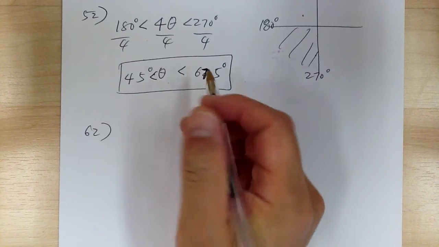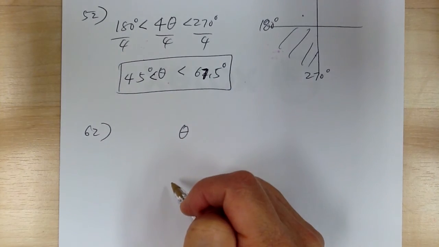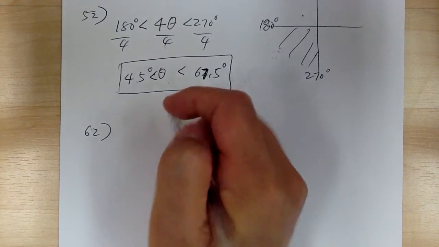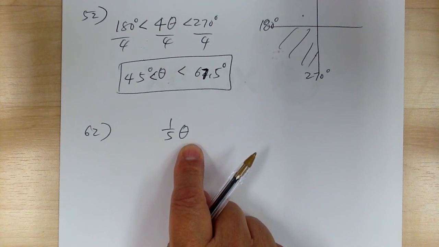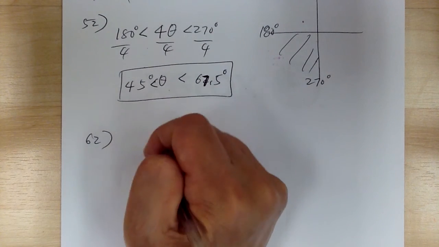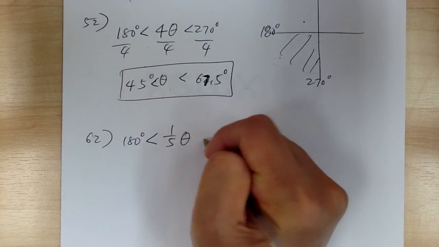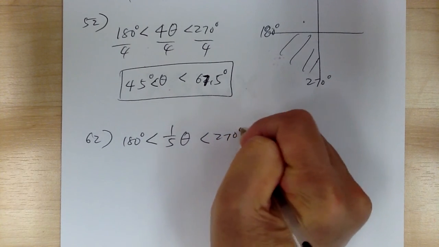Again, find the angle theta in which an angle 1/5 as large would be in the given quadrant. So 1/5 of theta would be in the third quadrant again, which is between 180 and 270.